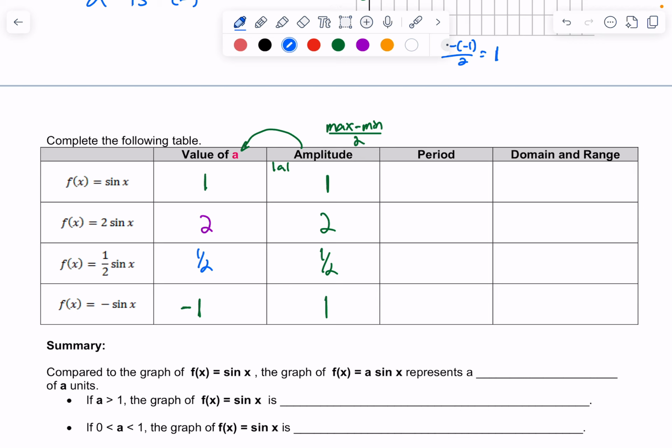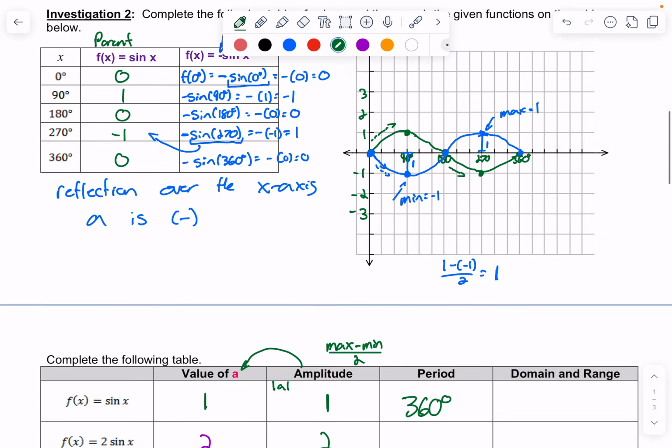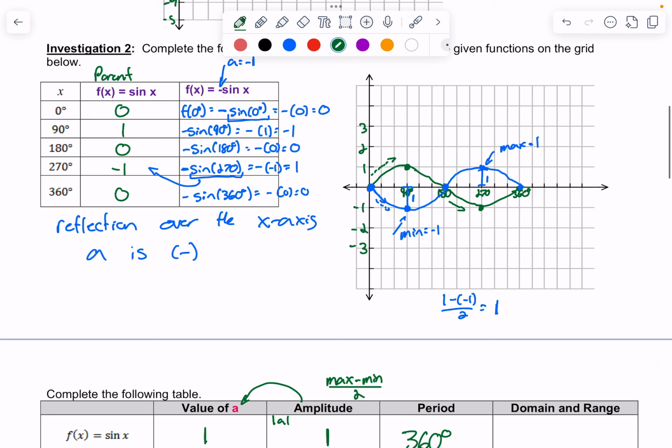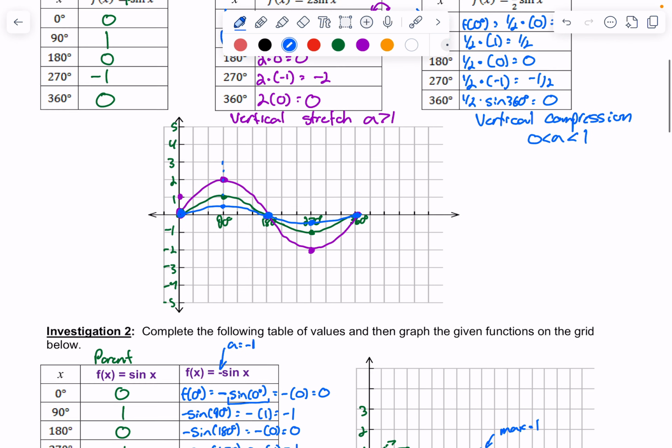And remember what I said on all the other graphs, right? Your period never changes. It does not change on any function. It will always be 360 degrees, right? But let's look. See here, you're starting at 0 degrees, and you go all the way over here, and you finish your pattern, still at 360. Let's go to our previous ones where we had all those other transformations.